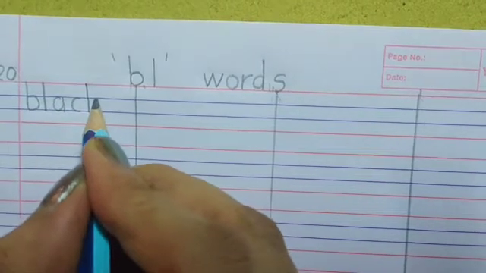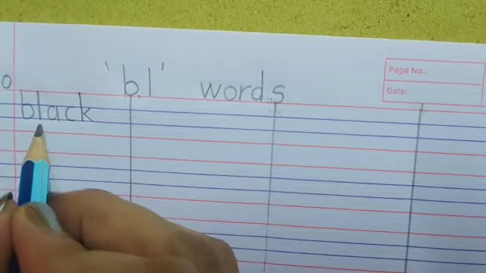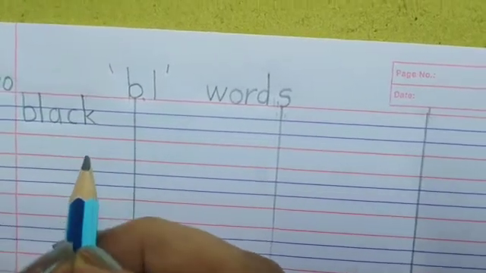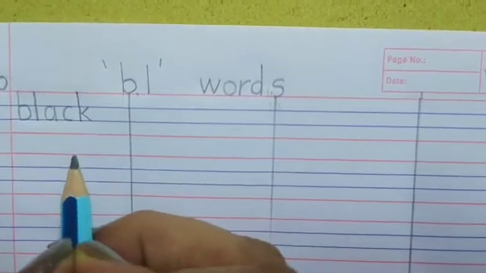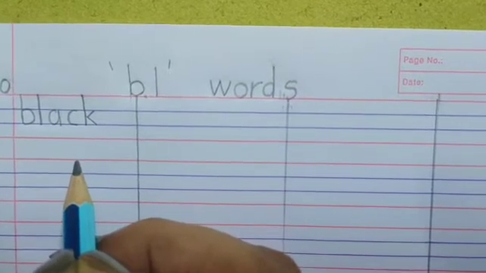From the blue line, slant in, slant out, K. B-L-A-C-K, black. Black is a color and also the opposite of white.